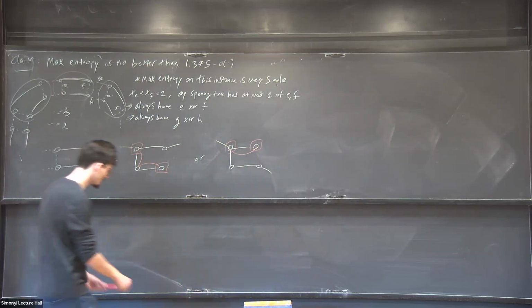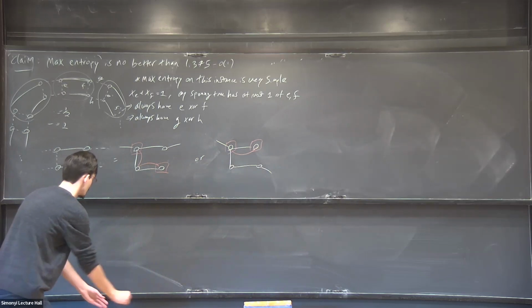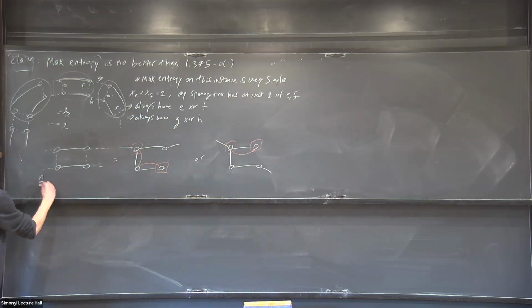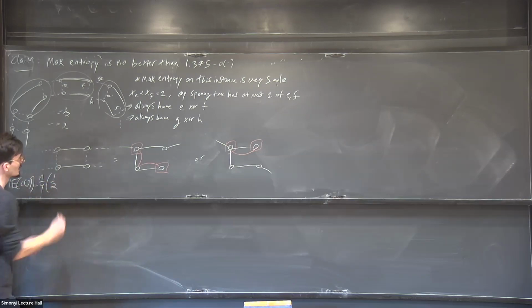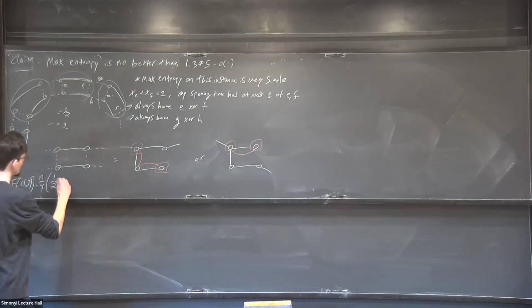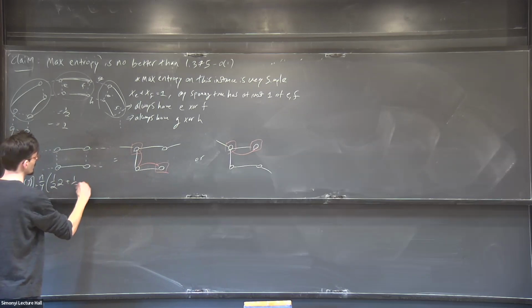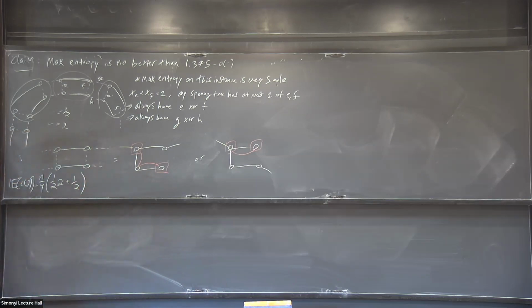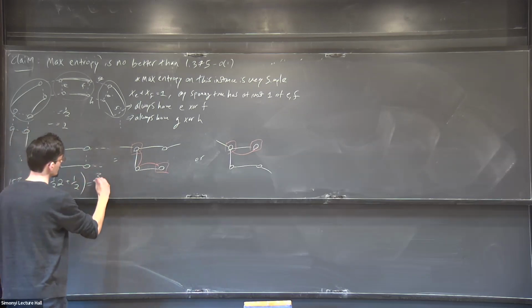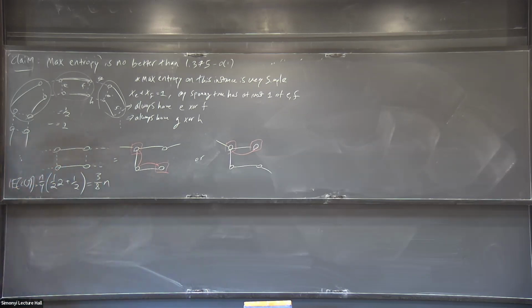Okay, but now I have n over 4 of these squares. So what's the expected cost of the join? I have n over 4 squares. And with probability 1/2 it's going to cost me 2, and with probability 1/2 it's going to cost me 1. So exactly 3/8 n. And that's basically the whole proof.